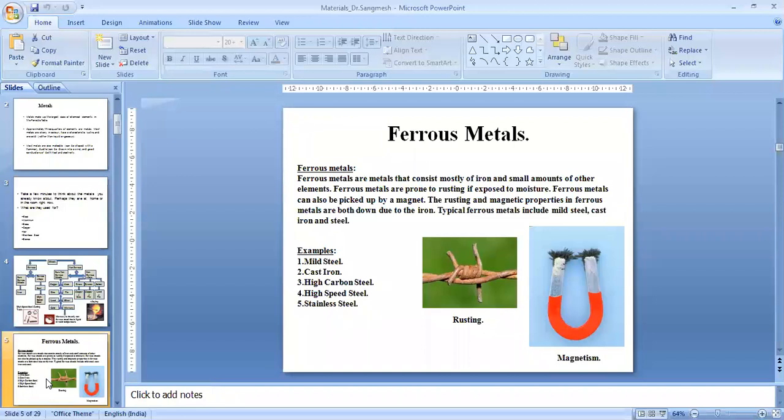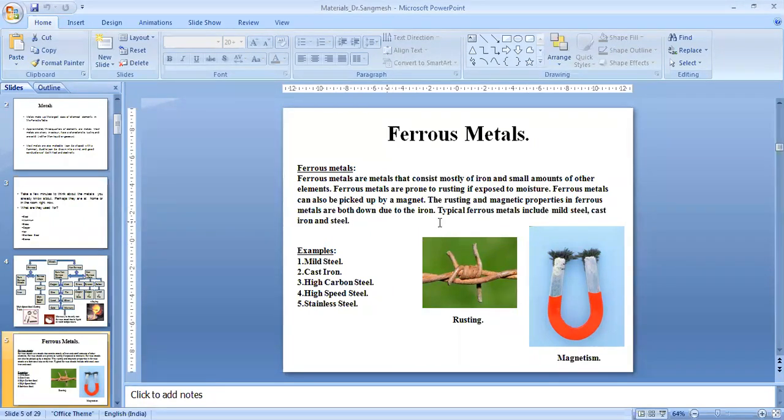For example, ferrous metals are very prone to rusting when exposed to water. If you place them in atmospheric conditions over a period of time, they start rusting, so they are exposed to corrosion.